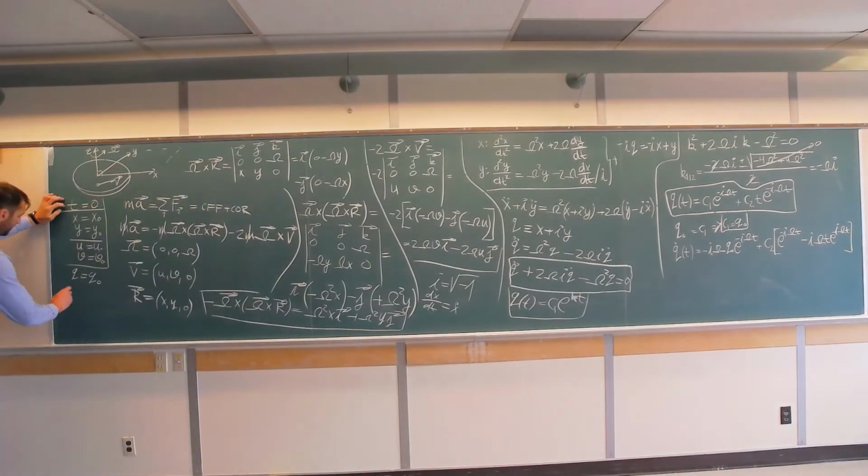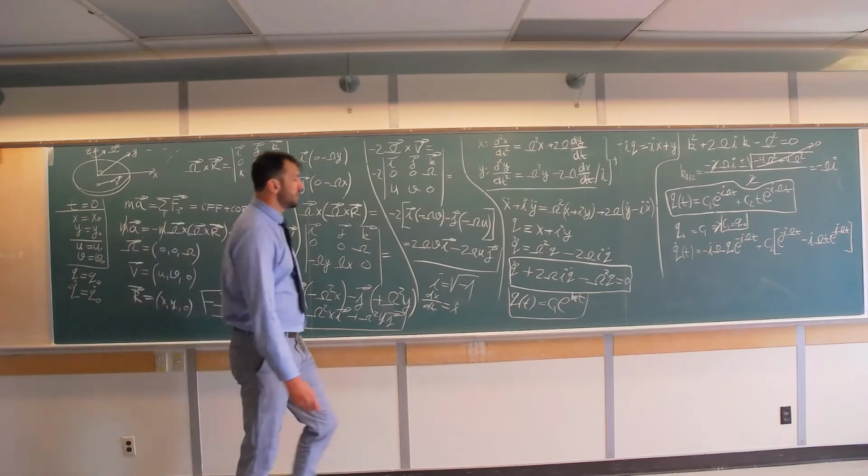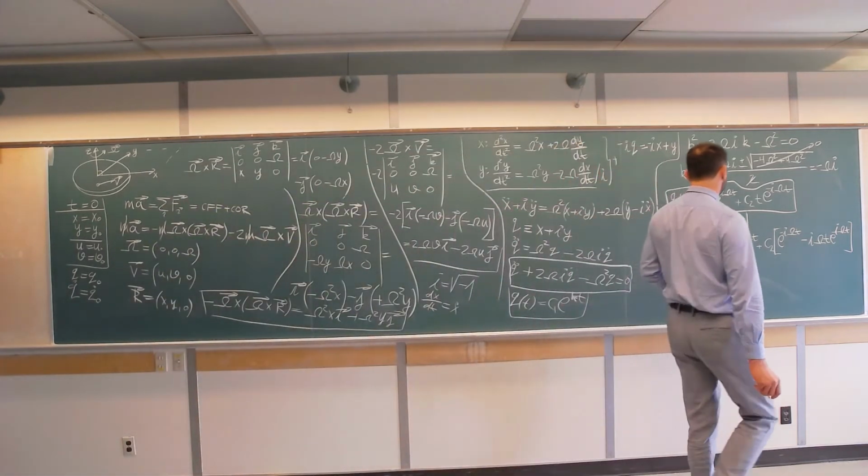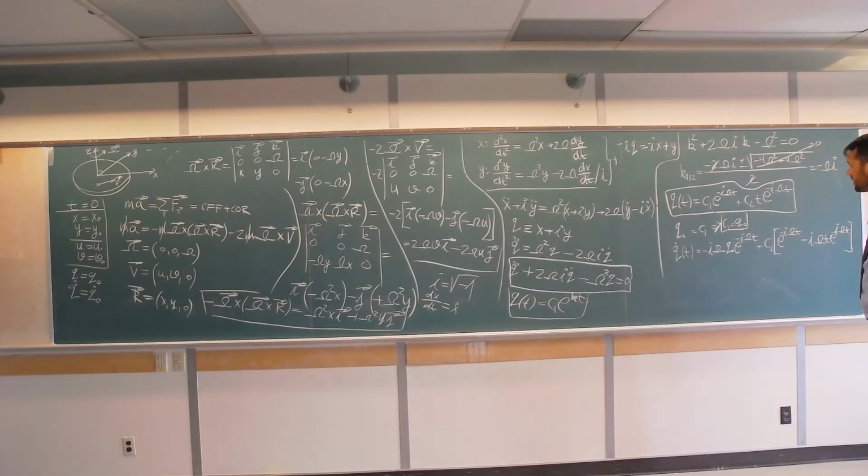And now, again, at t equals 0, q dot is equal q dot 0. So that would be u0 plus iv0 in terms of q and v and velocity relationship.